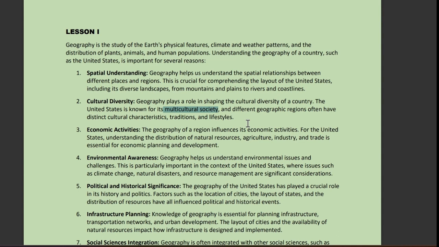It's a mix from everything, because the native population is not the usual one that it used to be. So let's move on.